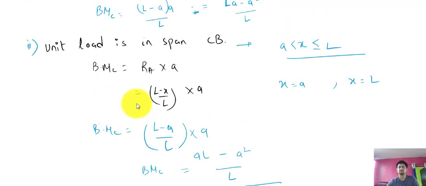So this term is 0, and 0 into anything is 0. So bending moment at B will be 0.